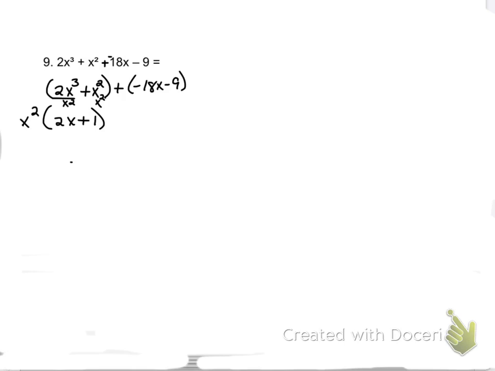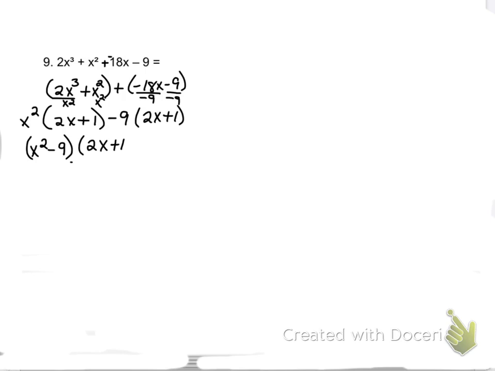And then here I can factor out a -9. And when I divide by -9, you're left with 2x plus 1. So your two factors are x squared minus 9, the numbers in front of the parentheses, and then the numbers inside the parentheses, 2x plus 1.